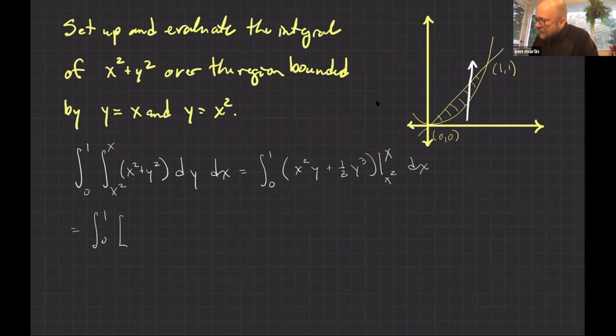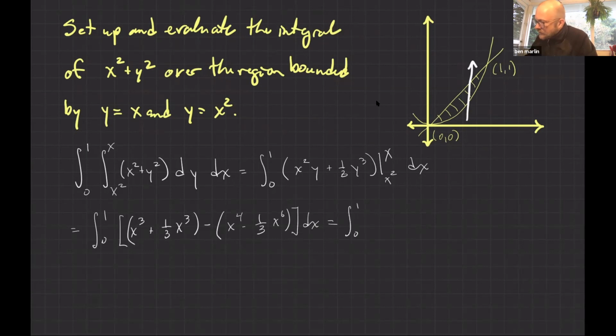But I fixed it. Now we're going to plug in y equals x, and we will have then x cubed plus 1/3 x cubed, okay, minus, now we're going to plug in the x squared, and we'll have x to the 4th minus 1/3 x to the 6th dx, okay?